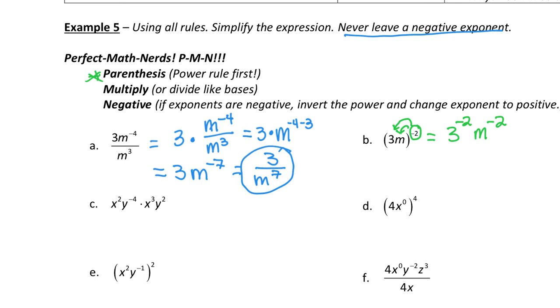Since both of these are negative exponents, I'm going to move them to the denominator. So I get 1 over 3 squared times 1 over m squared. And now I'm going to put it all back together. 1 times 1 is 1. 3 squared is 9. So 1 over 9 m squared is my final answer.